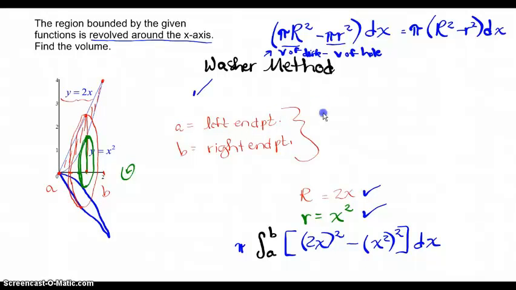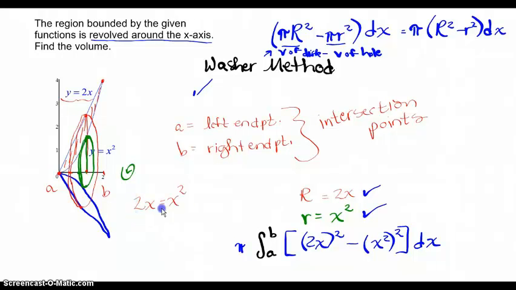So not always, but sometimes we're going to find these values from intersection points of the graphs or of the functions. So where 2x equals x squared.